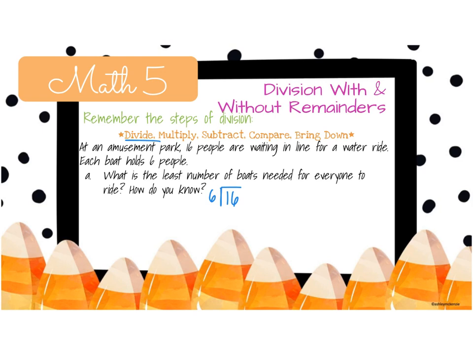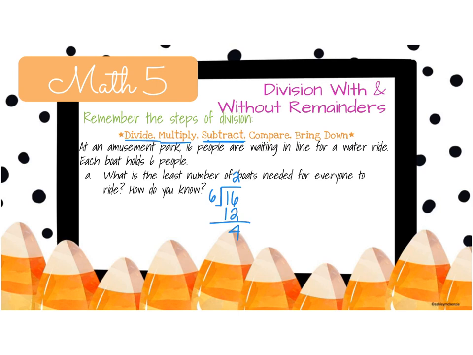How many times can 6 go into 16? Only 2 times. What is the multiply part? 6 times 2 is? 12. Now I'm at the subtraction part. I subtract. I have 4 left over. 4 what left over? 4 people. Very good. 4 people left over.